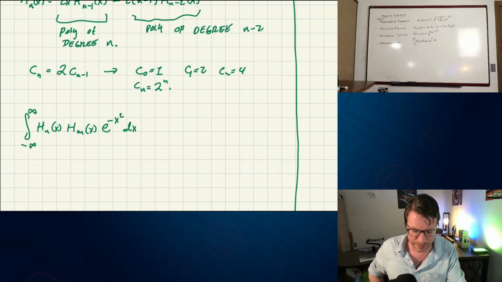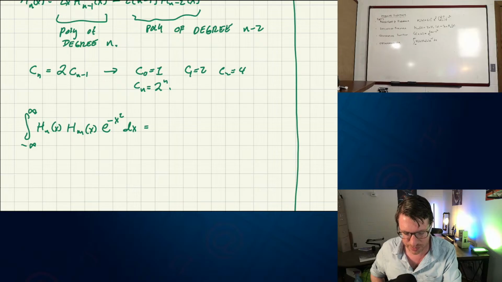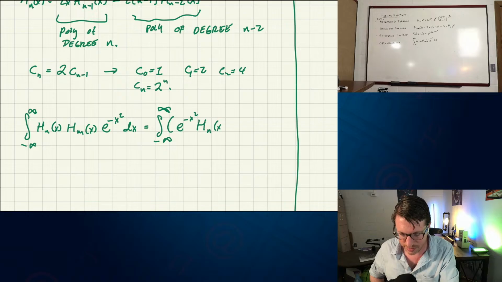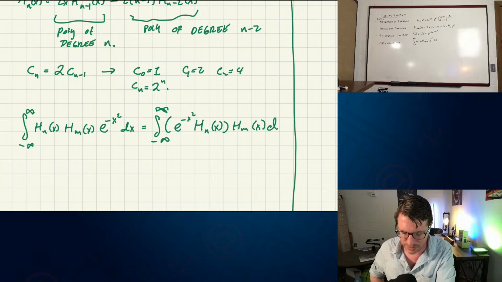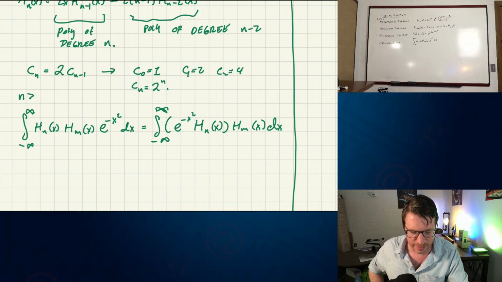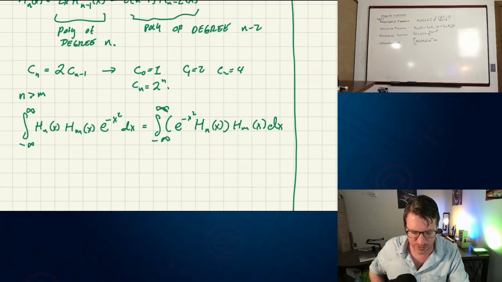So I'm going to group one of these together, and we have the integral from minus infinity to infinity of e to the minus x squared times Hn of x times Hm of x dx. And we should mention that I'm going to let n be bigger than m in this first setting.